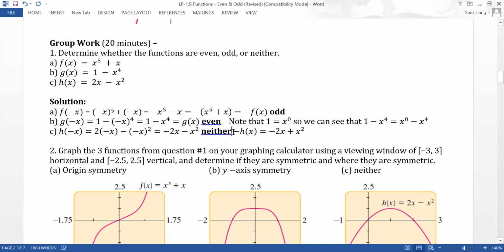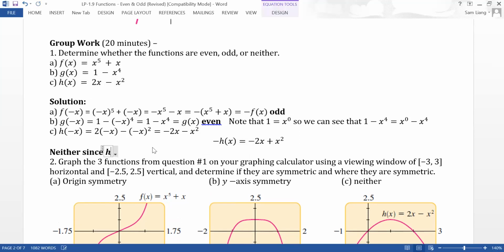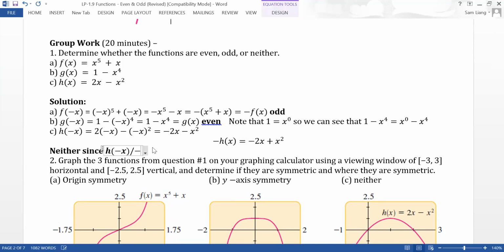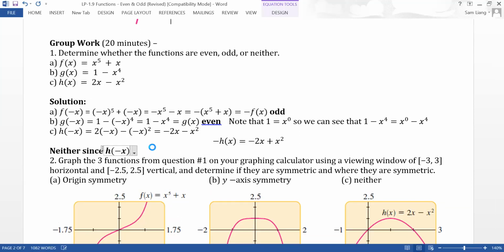And I guess I should write that in the next line. Okay. So it's neither, since h of negative x is not equal to, oops, trying to get the inequality sign here.